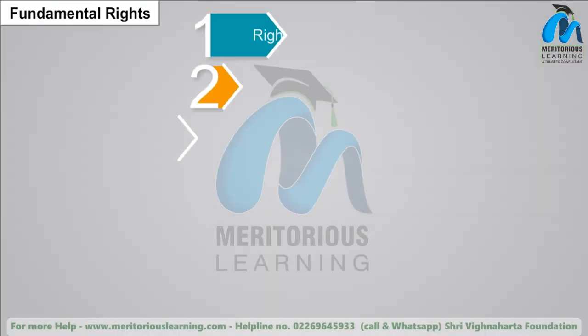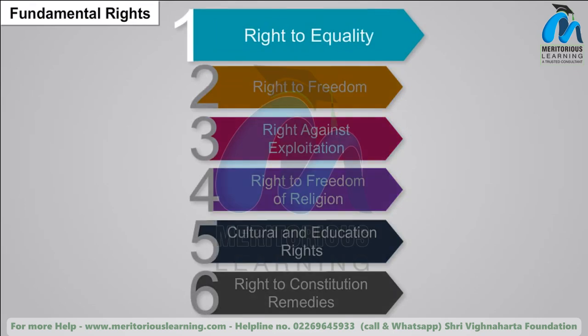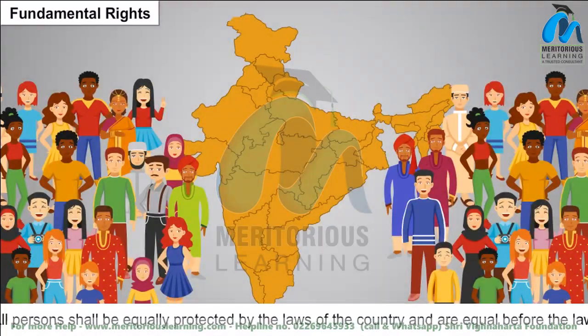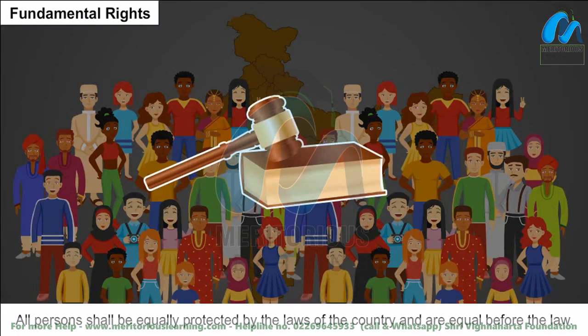There are 6 fundamental rights in the Indian Constitution, which are: 1. Right to equality. All persons shall be equally protected by the laws of the country and are equal before the law.